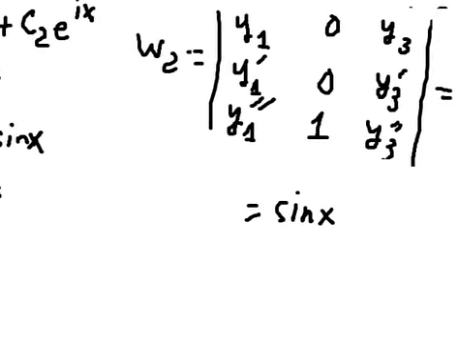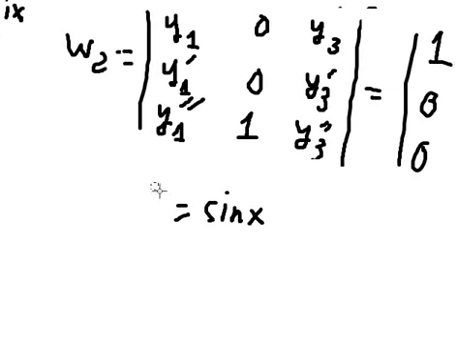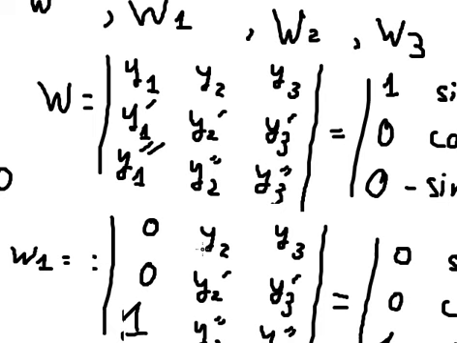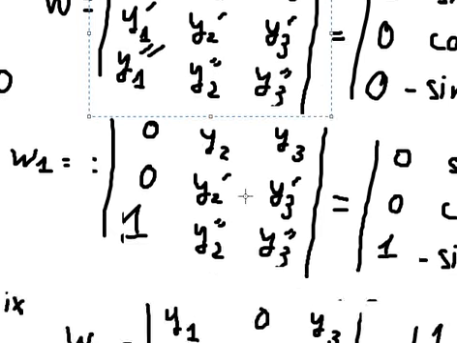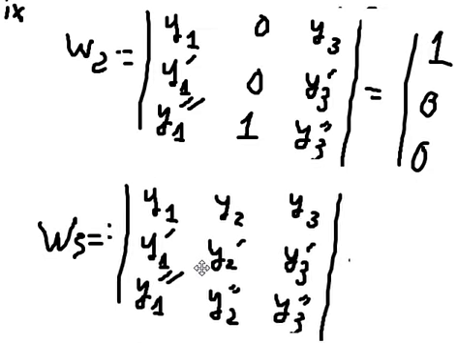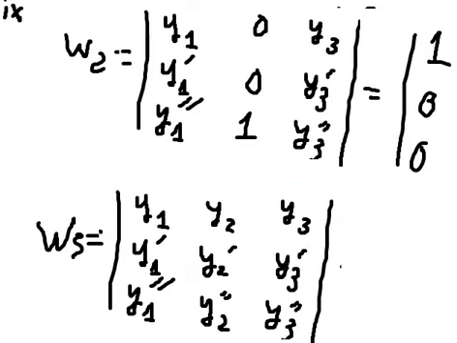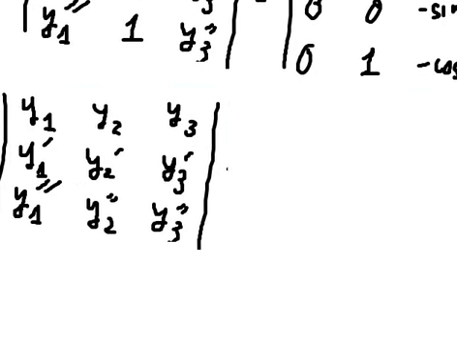And the last one, that is about W number 3. So we put 0, 0, number 1 in here. So we have like this.